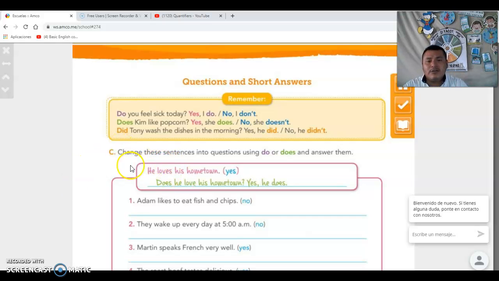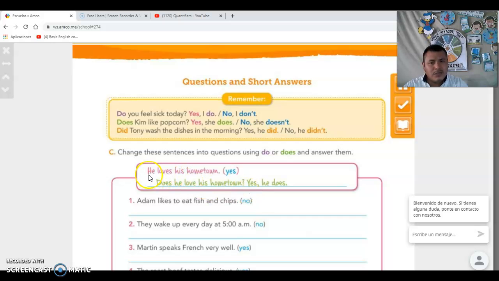Let's see this one. What do you need to do? It says change these sentences into questions using do or does and answer them. You need to answer them. Okay, so for example, we have the first example right here. He loves his hometown. Yes. So, does he love his hometown?